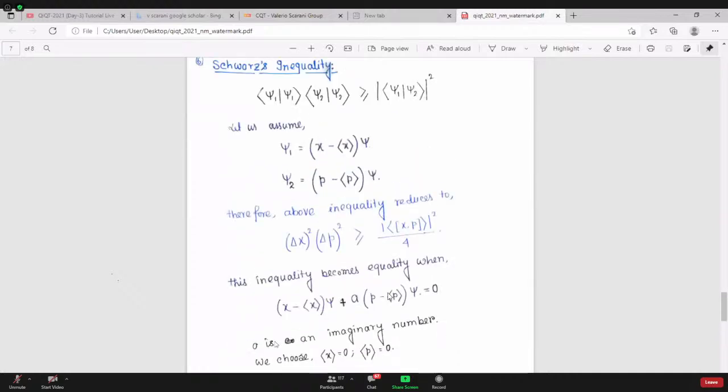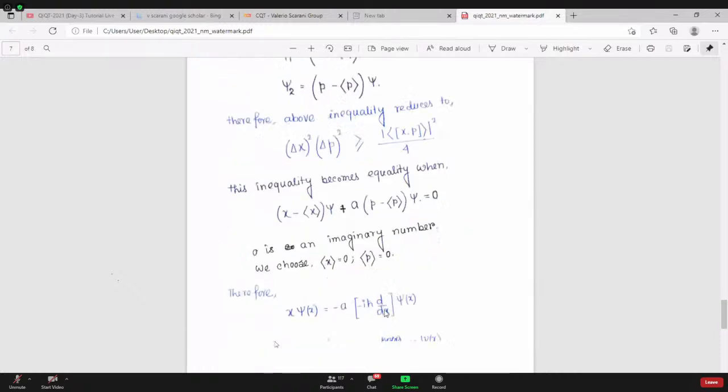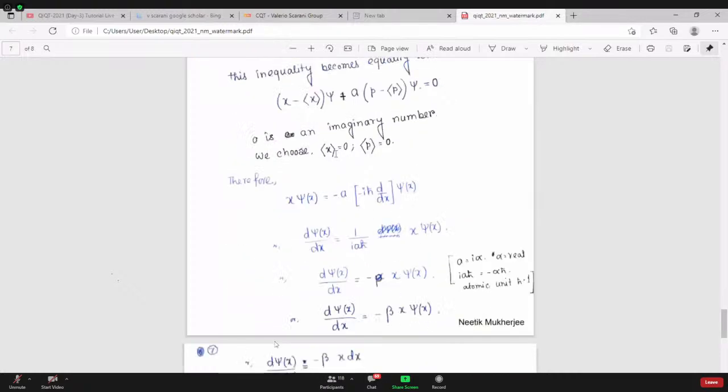So, I have a question here. Can you repeat how can we take x equals 0 and p equals 0? Okay, it's an assumption. If average x is 0 and average p is 0, you can see that for a real wave function, average p is 0. Look, average x and average p are numbers.